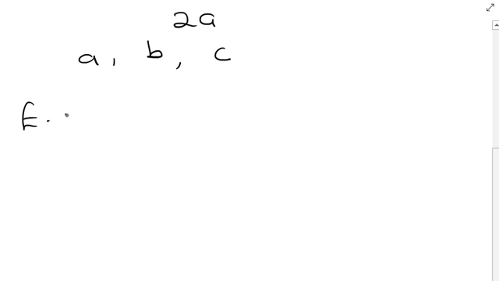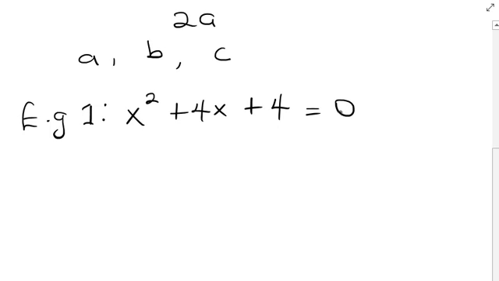So example 1, we're given this equation and we are asked to find the roots. One method we can use is to identify what the coefficient of the highest order is, which here is 1. So a here is 1, b here is 4, and c here is 4.